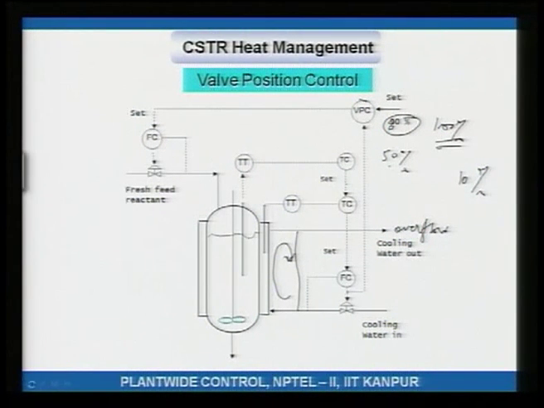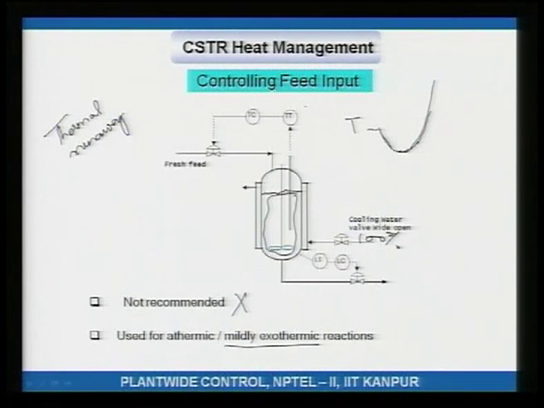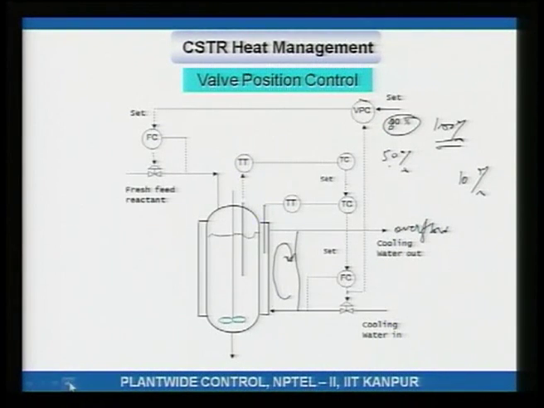You see, in the previous case the temperature control had to be loose because of the large lag associated with the large amount of material accumulated inside the reactor. In this case, temperature control is through heat removal through the jacket, and that is fast.